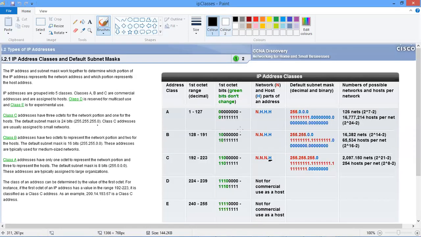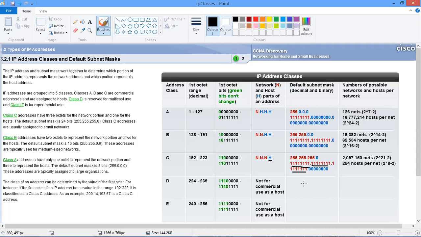You know why I decided to use 24? I just decided to use class C. The default subnet mask of class C is 255.255.255.0. If you convert it to binary, you're going to have eight 1s, eight 1s, eight 1s. If you calculate all those ones, 8 plus 8 plus 8 is 24.